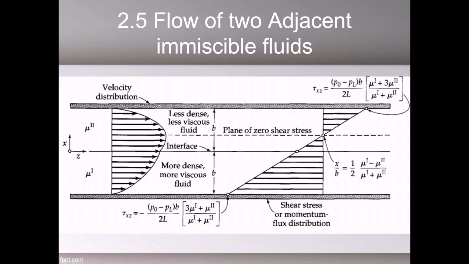So we have phi xz at x plus delta x minus phi xz at x, then divided by delta x, and delta x approaches 0. And for the other side, we have L, and phi zz at z equals 0 minus phi zz at z equals L. So we have this equation.